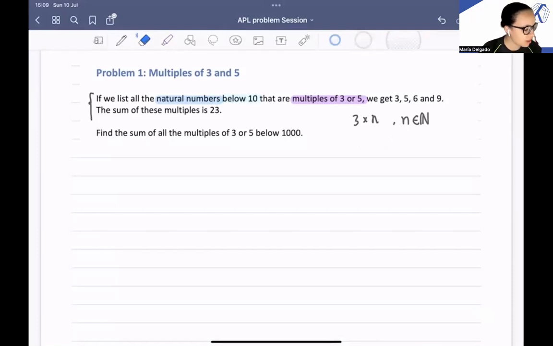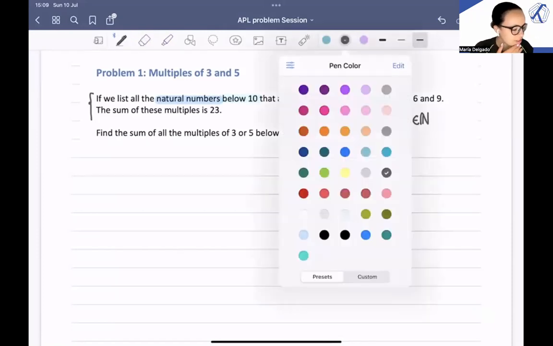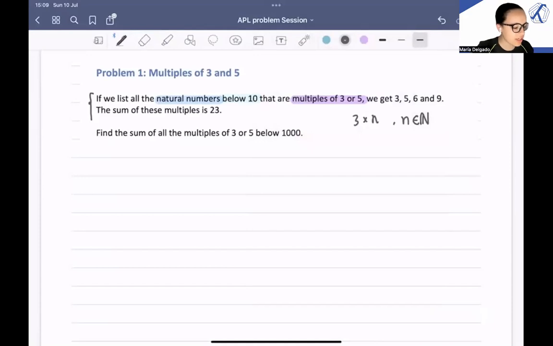Okay, so the multiples of 3 in this case are 3 times 1, 3 times 2, and 3 times 3. That's equal to 3, 6, and 9. 3 times 4 is not a multiple of 3 that is in this part of the paragraph because it is higher than 10.